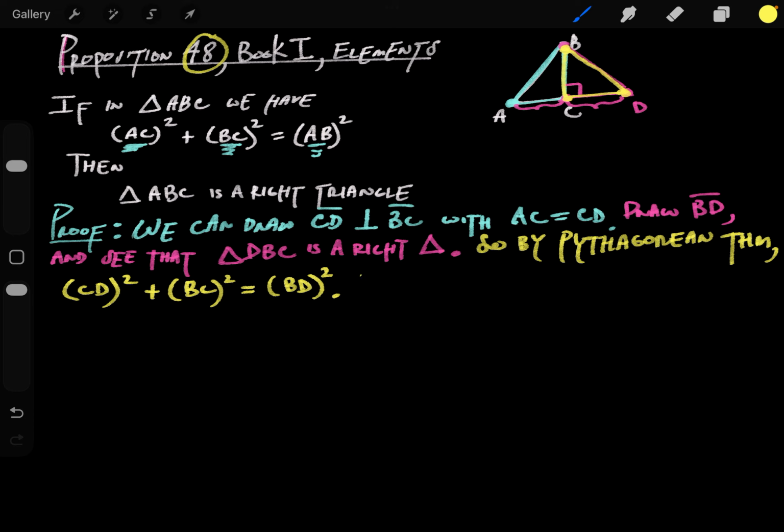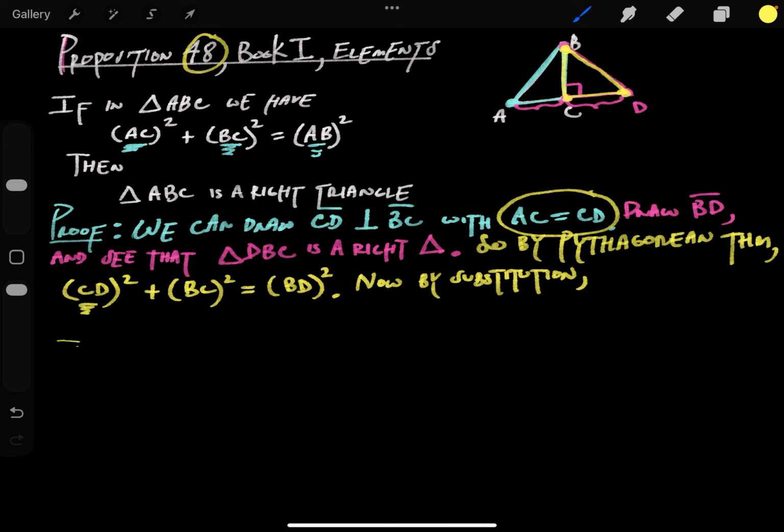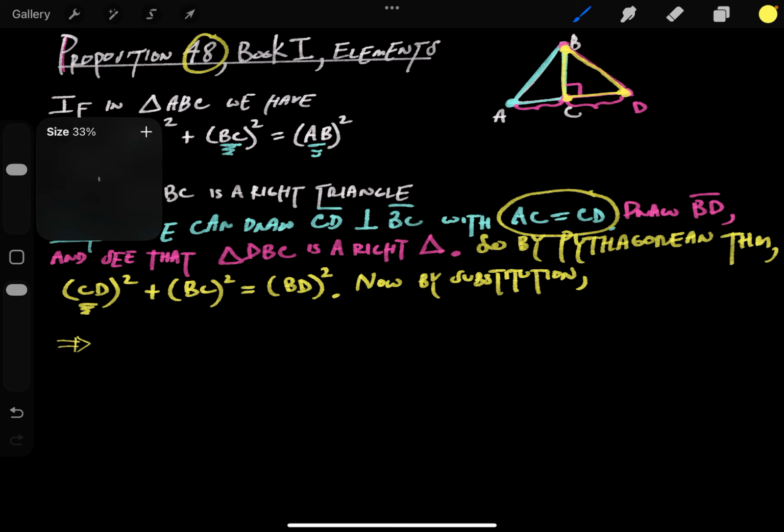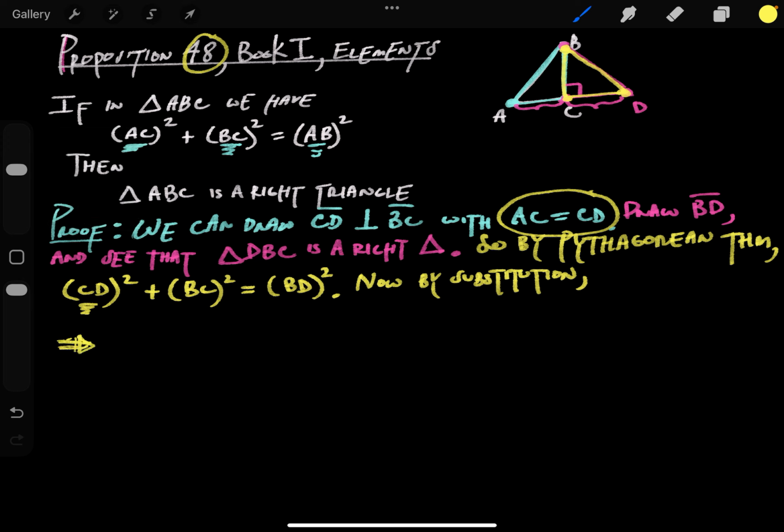Now, I'm going to say by substitution, I have AC is equal to CD, and CD is right here. Instead of CD, I'm going to put AC. So I have AC squared plus BC squared is equal to BD squared.